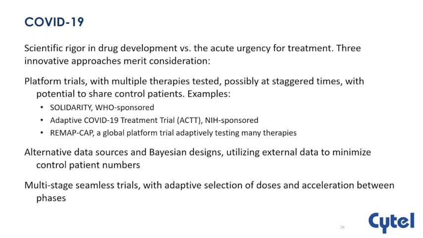Do you accept much higher levels of type 1 error, right? False negatives. Do you accept much smaller treatment effects? And do you accept the use of external data? And that would be very tempting because there will be so much external data generated very quickly for COVID-19.